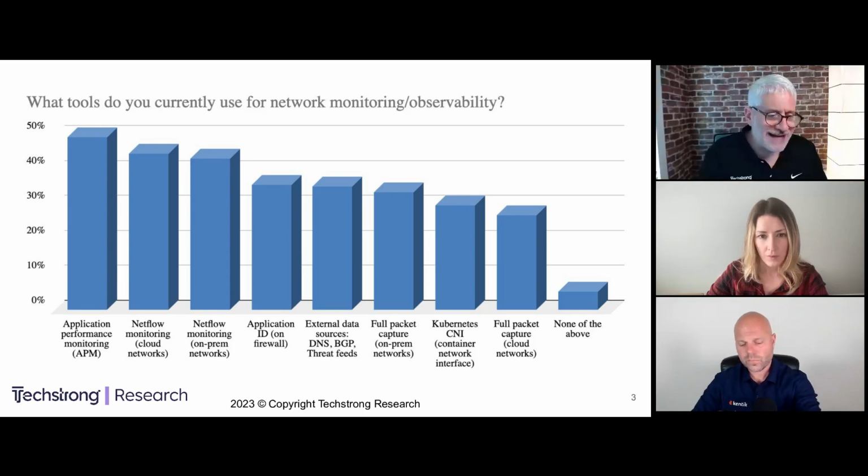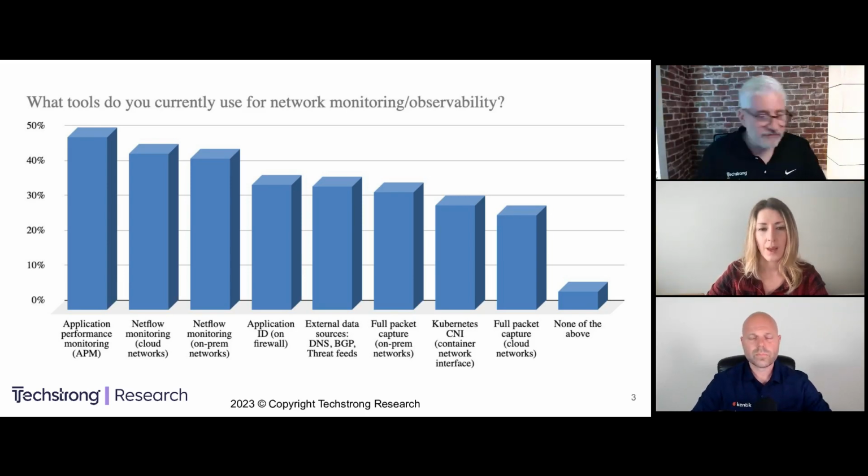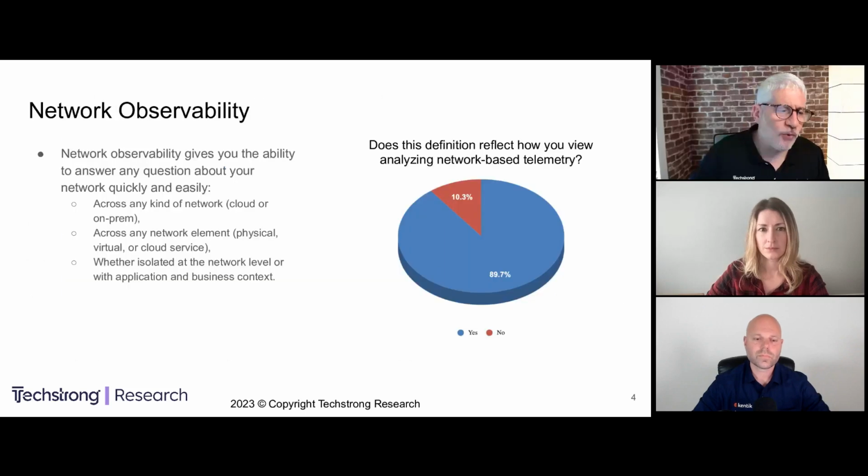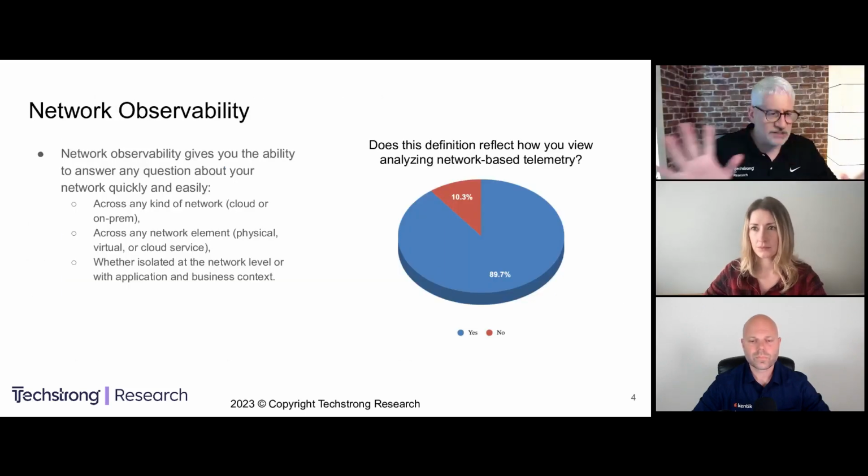So we've danced around the term, because obviously everybody gets a sense of what application-oriented observability is. But let's dig in a little bit into what we'll term network observability. Let me just read this. This is a little bit of a holy grail or aspirational idea, right?